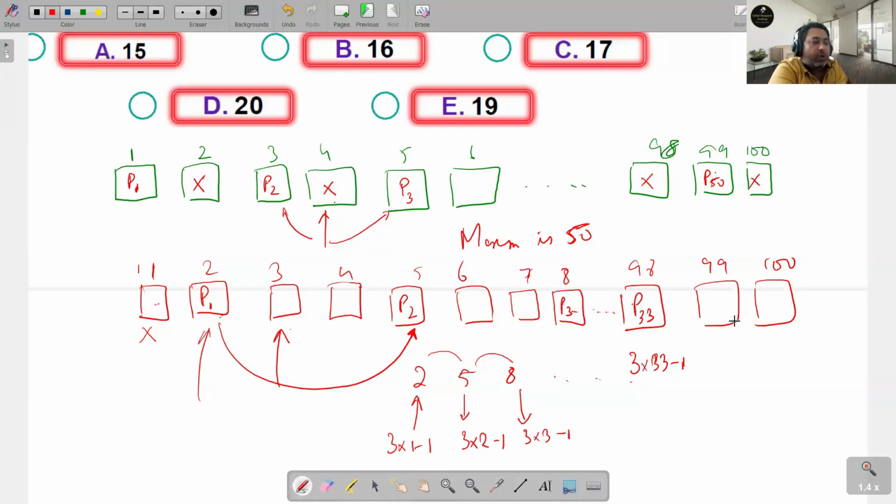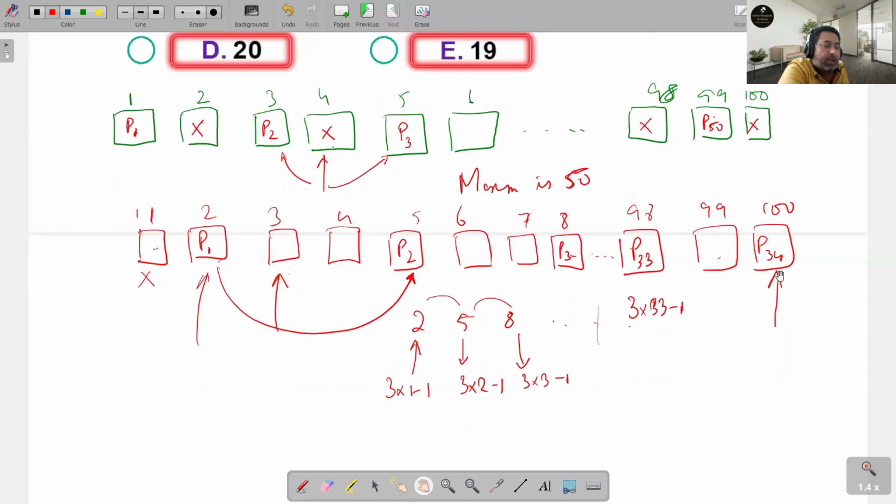However, in this case, we notice that there is room for another person to join in. 99, no one can sit. Okay, but on seat 100, P34 can also sit. Right? Okay. So we got this, that the maximum number of people in this particular scenario, if they are ultra cautious and they sit by leaving 2 seats in between, then they'll be able to be 34.